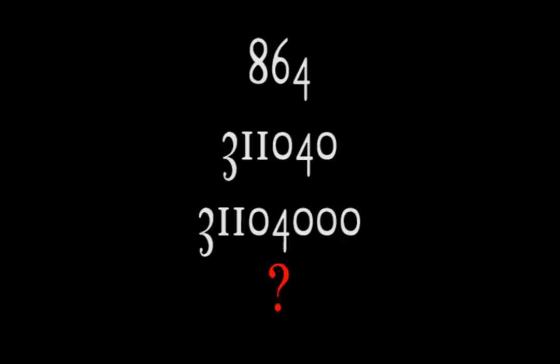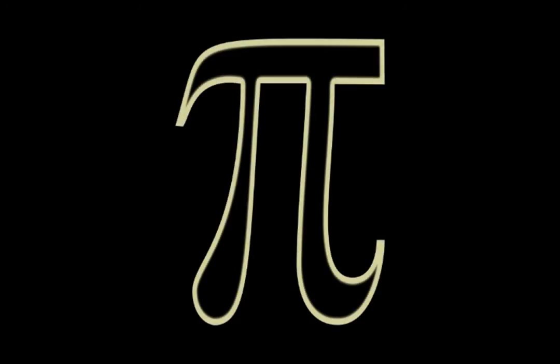Now, let's add all of these numbers together and see what we find. 31,415,904. So what is this hidden number? Hidden within the name Pythagoras and the sphere, we find pi, the ratio of a circle.